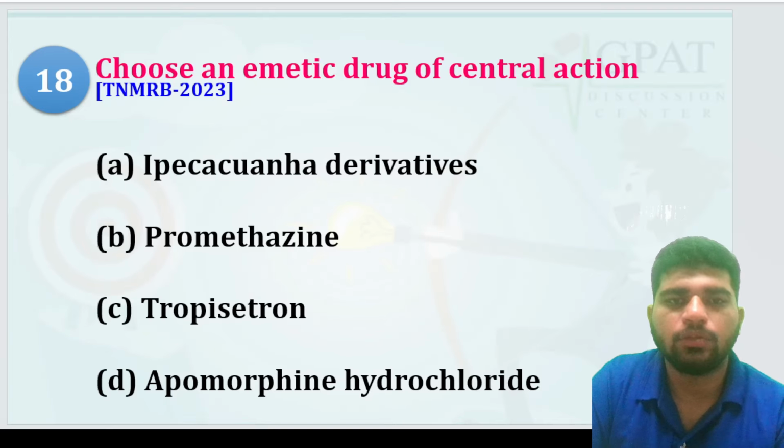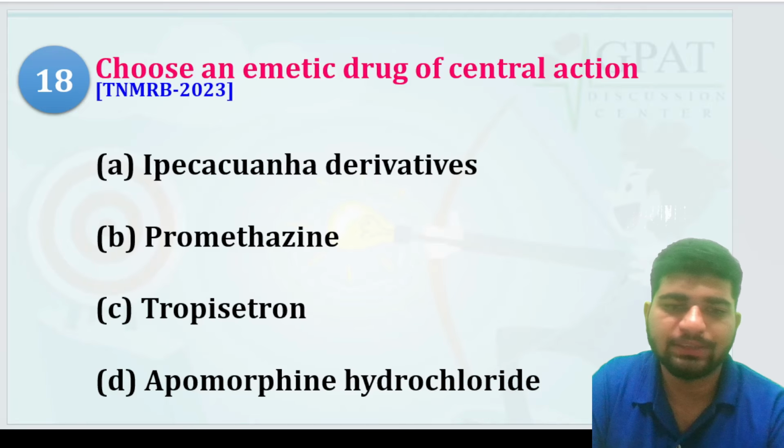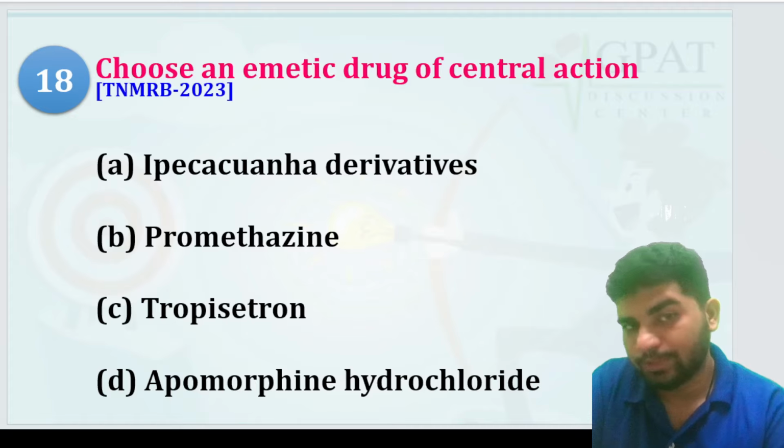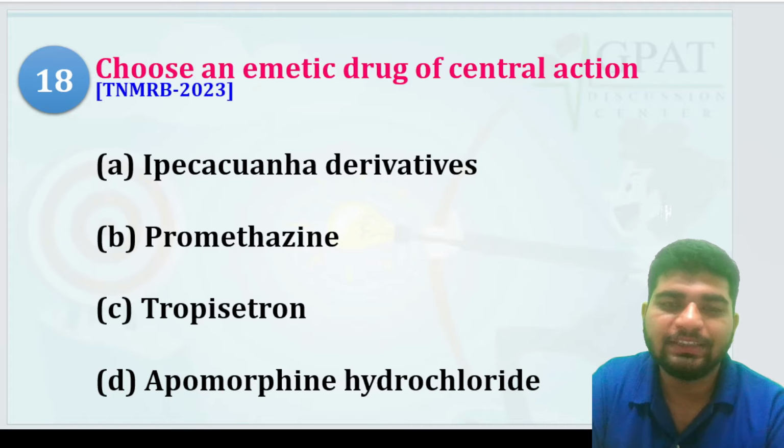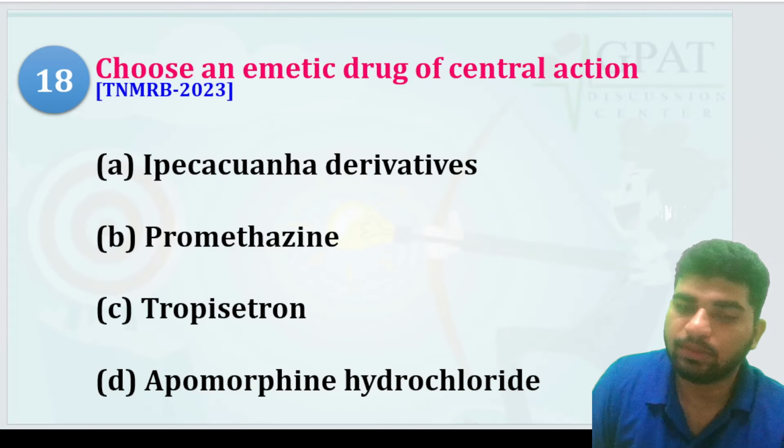Choose an emetic drug of central action: ipecacuanha derivative, promethazine, tropisetron, or apomorphine hydrochloride. What is the correct option?